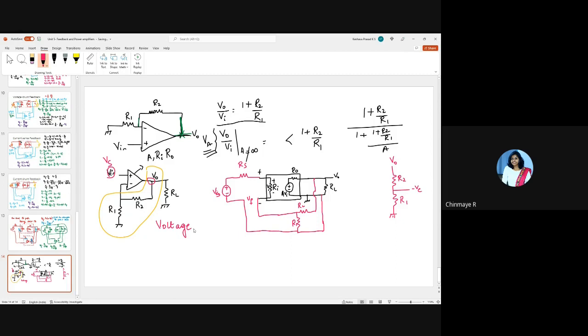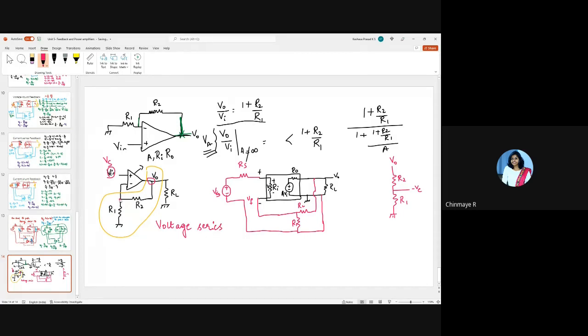Another hint here, all of you listen carefully: if you're feeding back something across a resistor, then you're always feeding back voltage. If you're feeding back something through a resistor, then you're feeding back current. Now as you can see, you're feeding back something across a resistor, right? Therefore you're feeding back voltage. So when you're feeding back voltage, this is nothing but voltage series feedback, right?